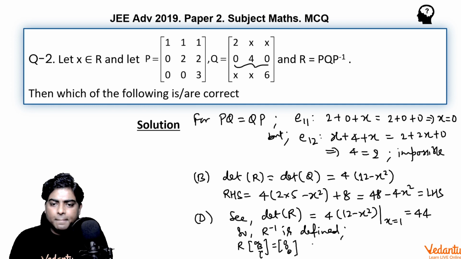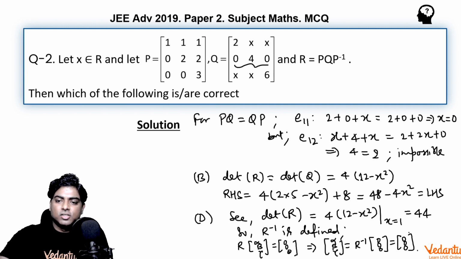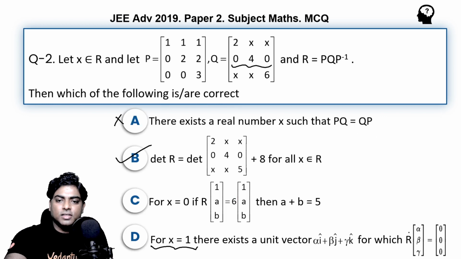If you multiply R inverse, then you will get alpha beta gamma to be R inverse 0 0 0, which is 0 0 0. It means alpha beta gamma all are 0. So it's not possible for alpha beta gamma to be components of a unit vector, because in that case alpha square plus beta square plus gamma square should be 1, which is not the case. So here we can say option D is also not correct.